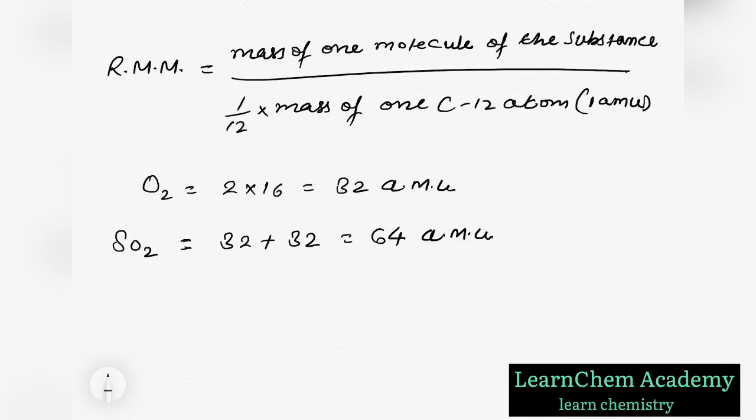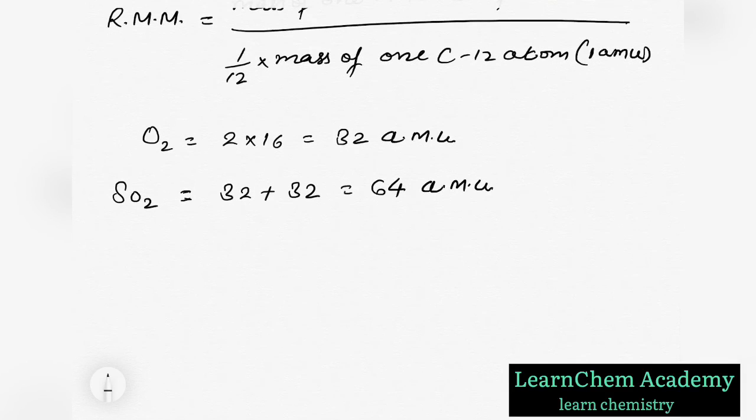So we can calculate molecular mass or relative molecular mass by the sum of their constituent elements. If we calculate the molecular mass of H2SO4, we have 2 hydrogen, 1 sulfur and 4 oxygen.